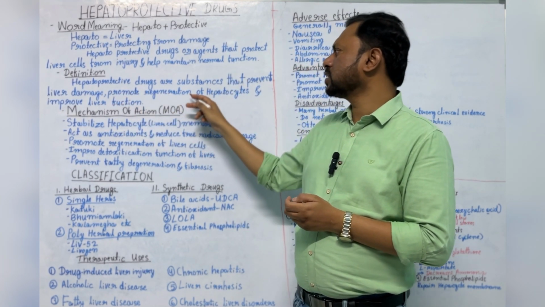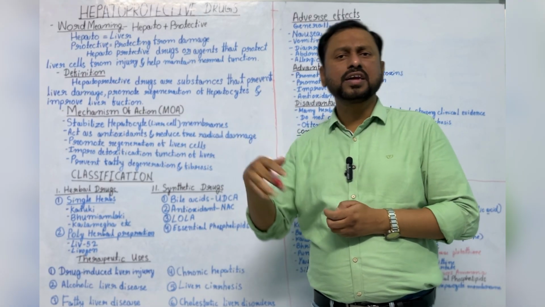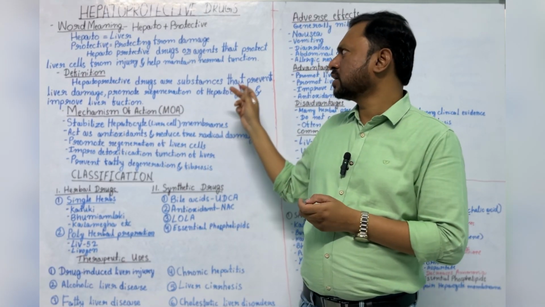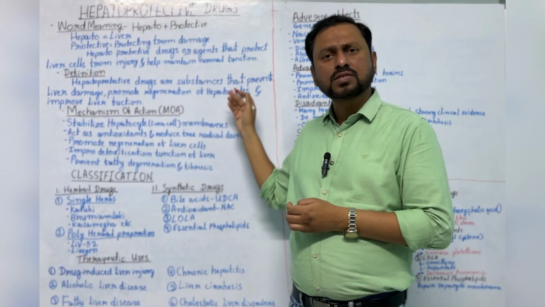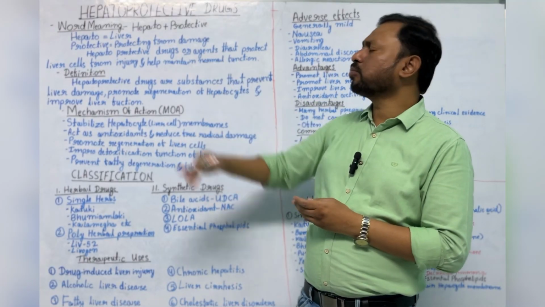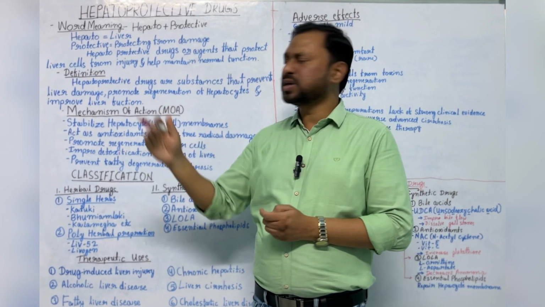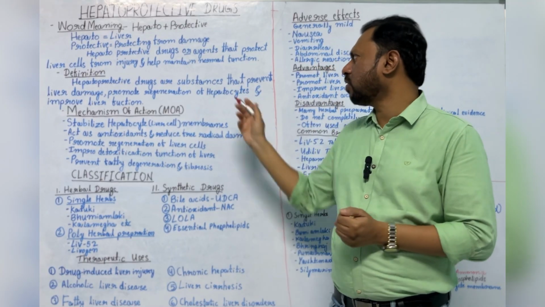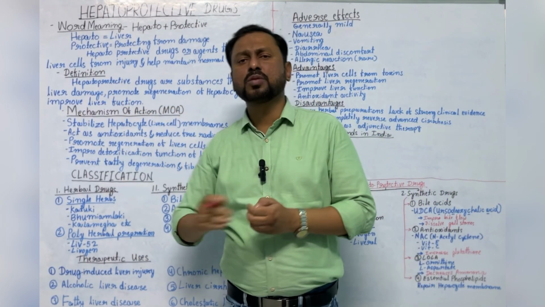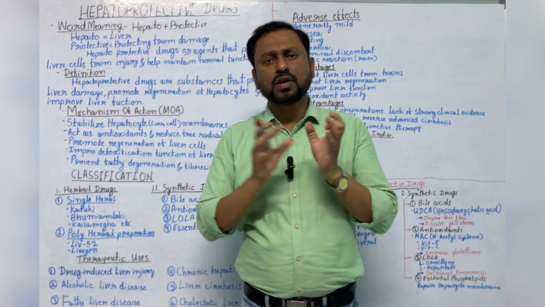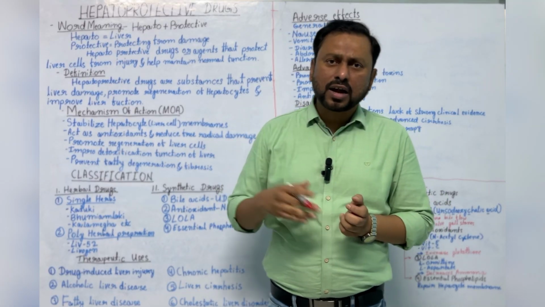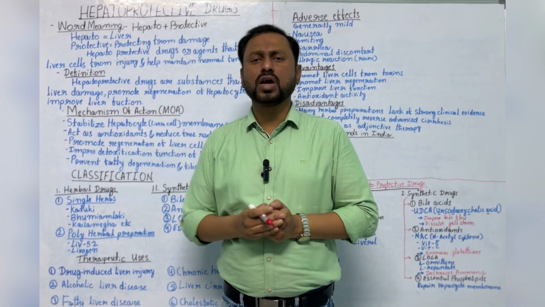These drugs promote regeneration. If you give these drugs, they help speed up the regeneration of hepatocytes, or liver cells. Third one is to improve liver function, whatever the functions of the liver are.